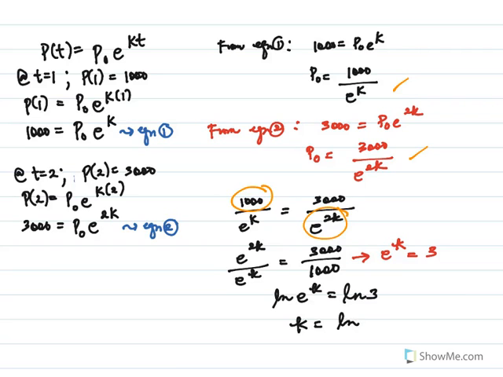So, k is equal to ln 3. Thus, P of t is equal to P naught e raised to ln 3 times t.